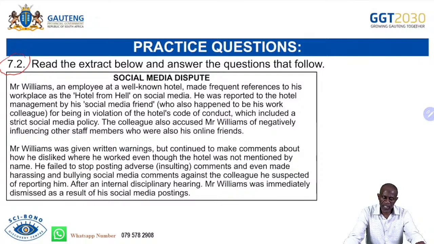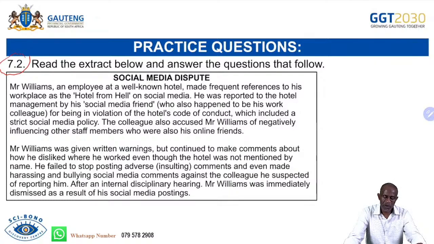He was reported to the hotel management by his social media friend, who also happened to be his work colleague, for being in violation of the hotel's code of conduct, which included a strict social media policy. The colleague also accused Mr. Williams of negatively influencing other staff members who were also his online friends.